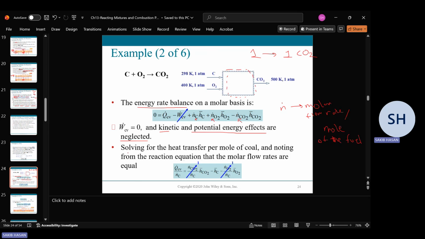And so from there, it's just a bunch of basic calculations. As you can see, they've divided by n dot c, which happens to be the molar flow rate of the fuel.